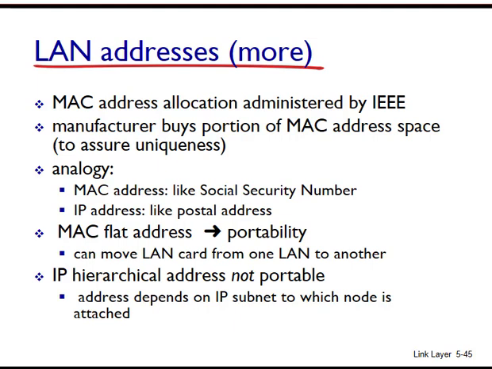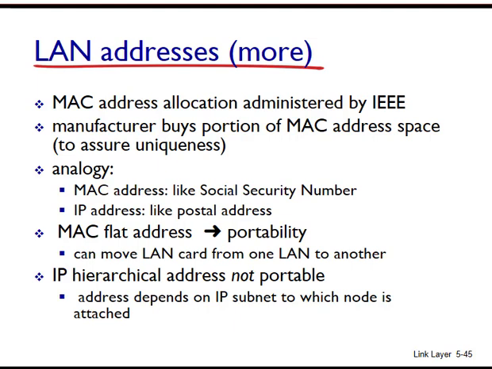This means that each adapter has a unique address. That is, the first 3 pair of hexadecimal numbers identify the manufacturer, and the last 3 are unique to that manufacturer, making the whole MAC address unique. An adapter's MAC address has a flat structure as opposed to a hierarchical structure and doesn't change.